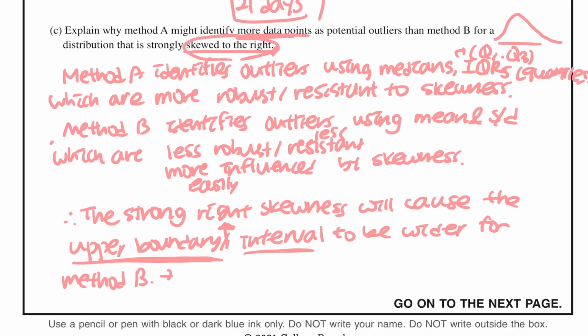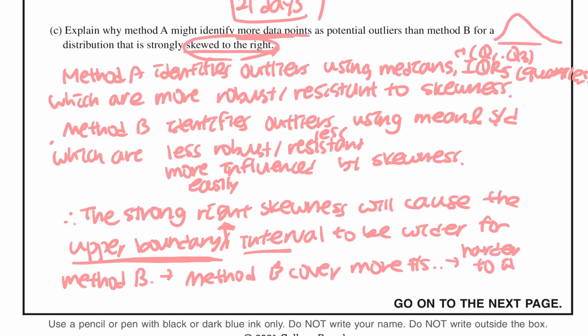This means there is a lower possibility for your wide interval to identify an outlier. This is why method B will capture more numbers, which means it is harder to identify outliers.